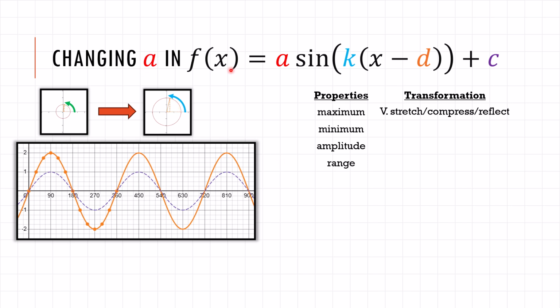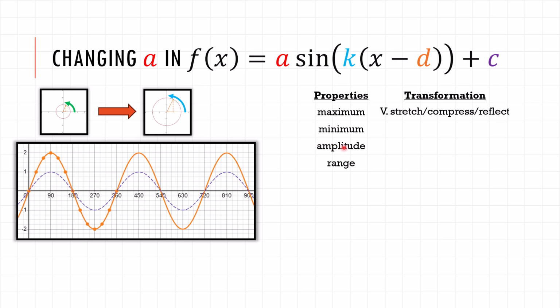Fortunately, if we look at the value A in this function, we know that the value A does change the amplitude. And in a diagram, that would involve the circle getting bigger. So the radius of this circle that is rotating usually tells us the value of A here, and changing this value changes the amplitude of the function. Now that changes a number of things.